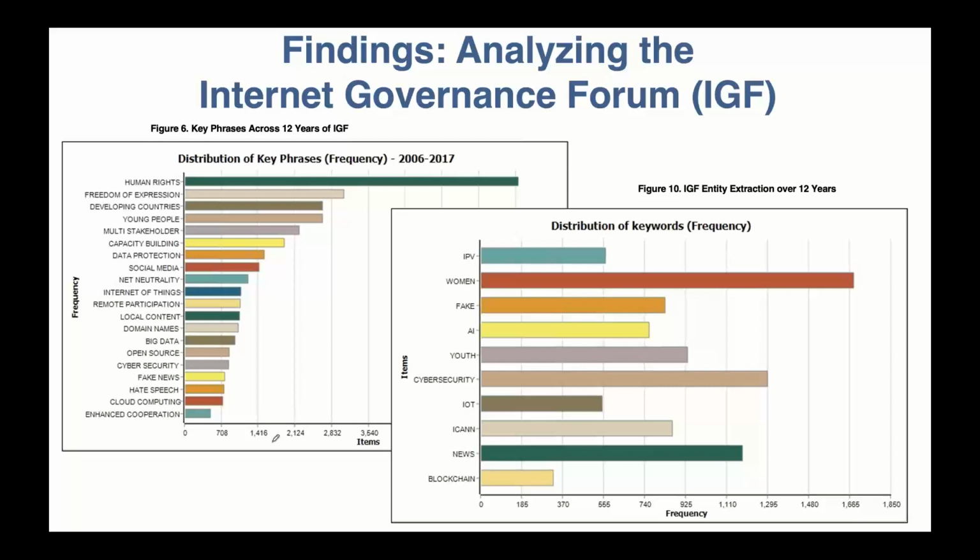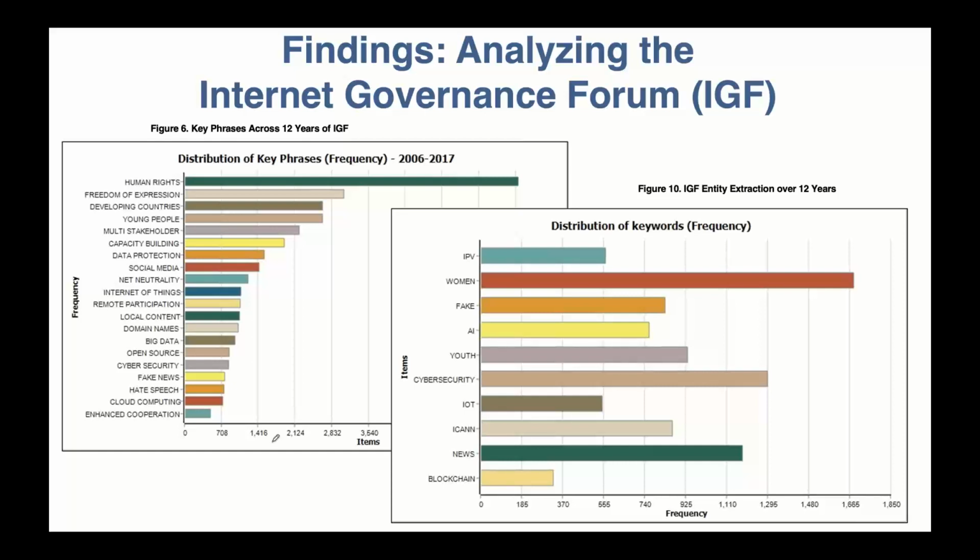We can see that over the whole data set from 2006 to 2017, one of the dominant themes was human rights, one of the most important issues discussed at the IGF. Those actively involved in the IGF know that is a huge issue of importance.